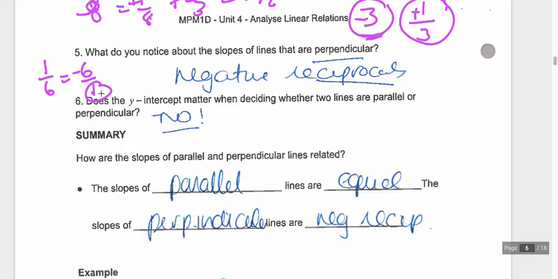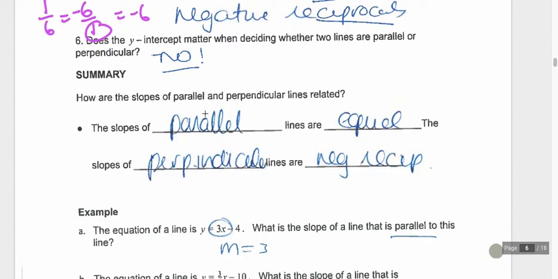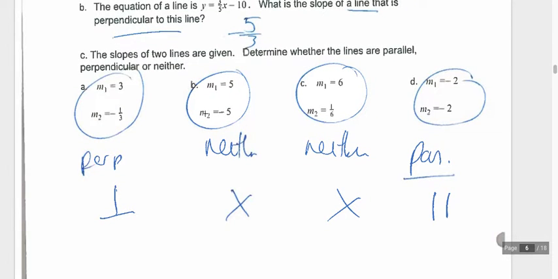If the base of your fraction is a 1, then you can just reduce that down to -6. Okay, so that is negative reciprocals and slope, and perpendicular lines and slope, and parallel lines and slope. So 3 and -1/3 perpendicular.